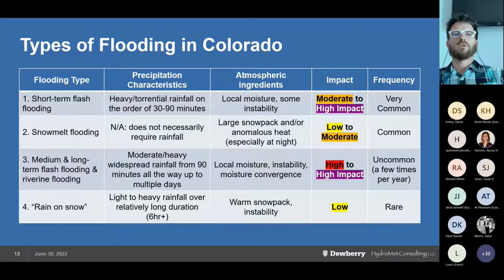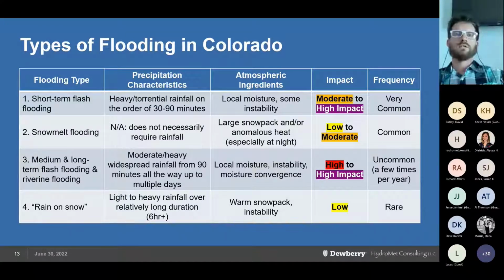Think about most recently the Boulder 2013 flood. That was unprecedented in the sense of the duration. It was 3 to 5 days, even longer perhaps, in localized areas. This is where you don't necessarily have very heavy rainfall, but you have continuous rainfall, moderate to heavy, that generally exceeds 90 minutes. And at that point, you start impacting riverine conditions.